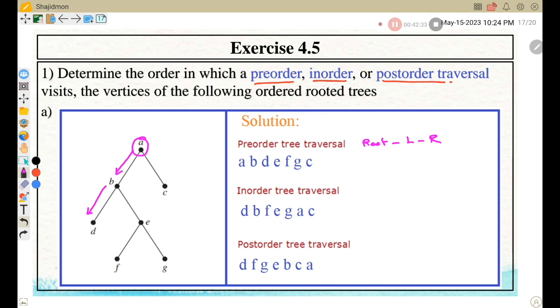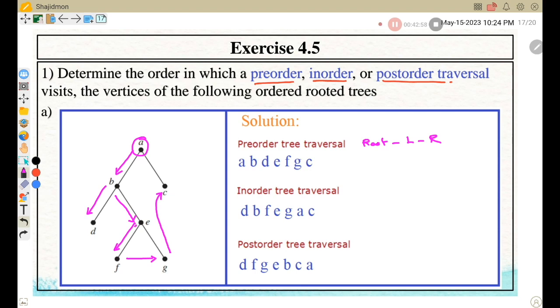After that we go to the right part here, E. First the main vertex, then its child vertices, that is F, then we have G. After that we need to go to the second subtree, that is C, correct? So root, left and right.